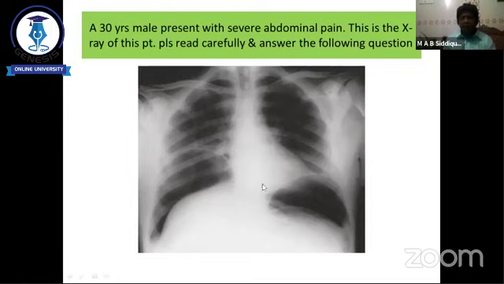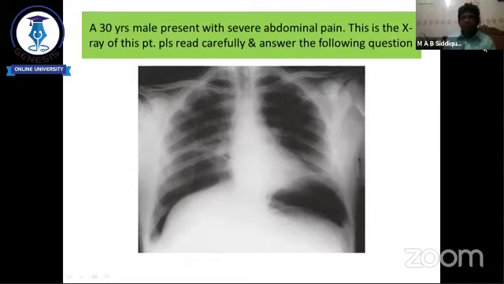If you look at this area, this is the liver dome. Sorry, this is the diaphragm, and this is also the diaphragm, and there is a crescentic gas shadow. This is the liver border. So there is a crescentic shadow in both domes of the diaphragm.